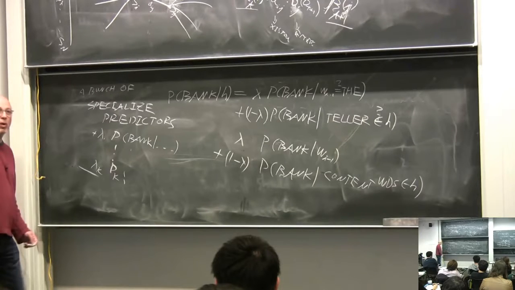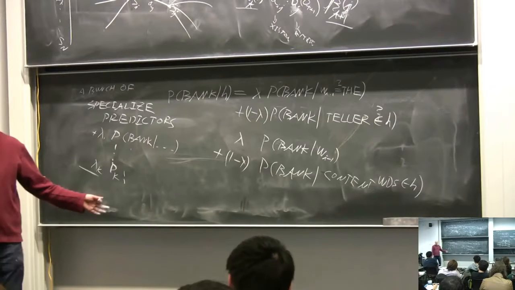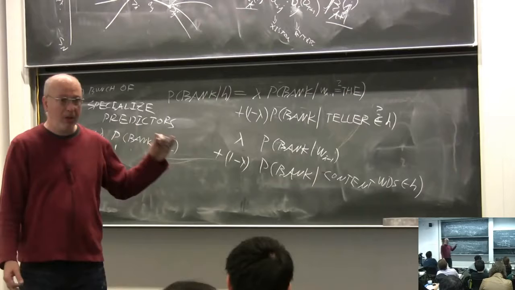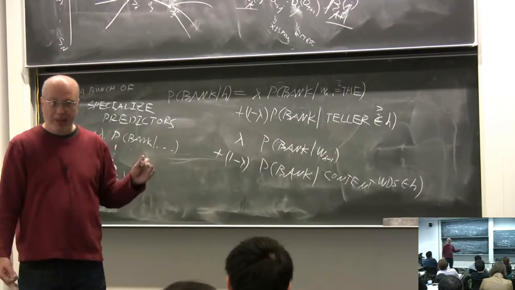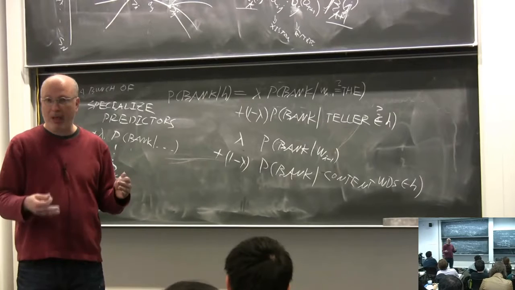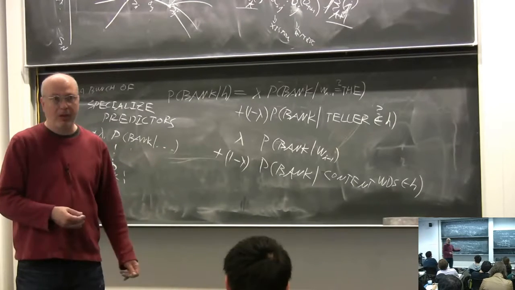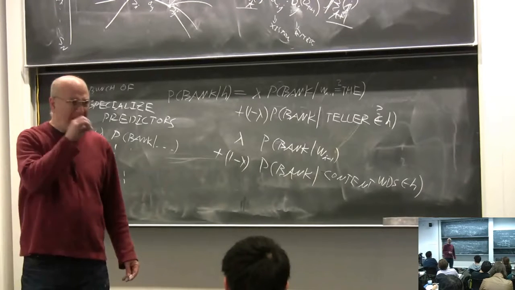As long as the lambdas sum to 1, this is a shrinkage. This is a linear interpolation of multiple probability models. As long as the original component predictors are bona fide probability distributions, and the lambdas are between 0 and 1 and sum to 1, then I'm guaranteed that the combined result is also a probability distribution. So that's on the positive side.